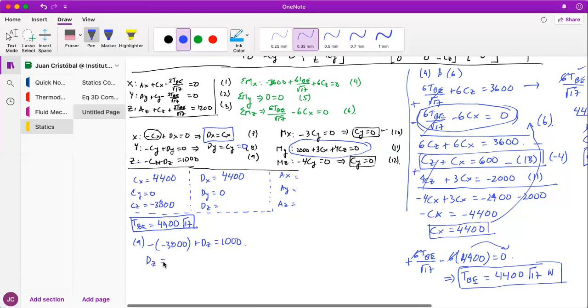Therefore, DC is actually 1000. What is this? DC 1000, and this guy goes all the way minus 300. So therefore DC, I'm gonna check it later, but so far this thing should be minus 1200.